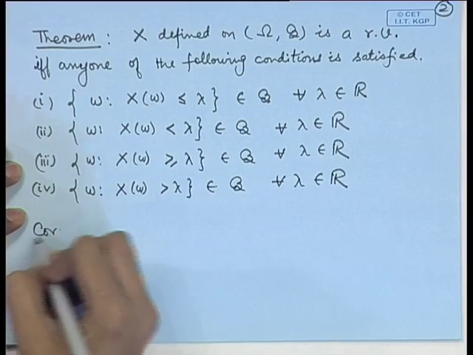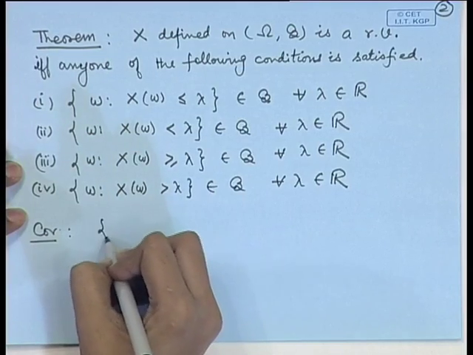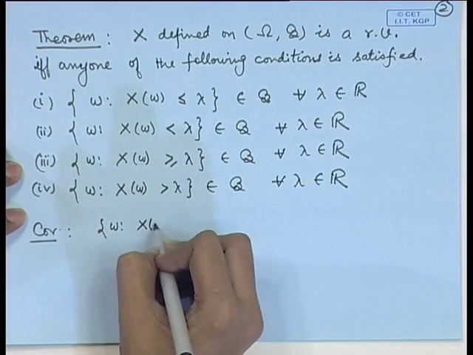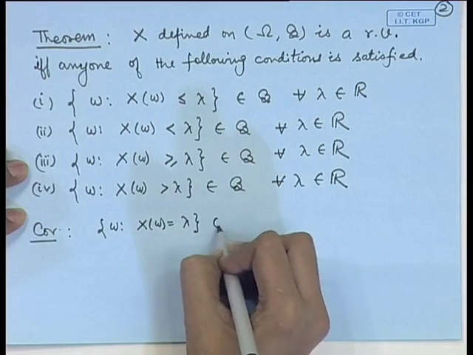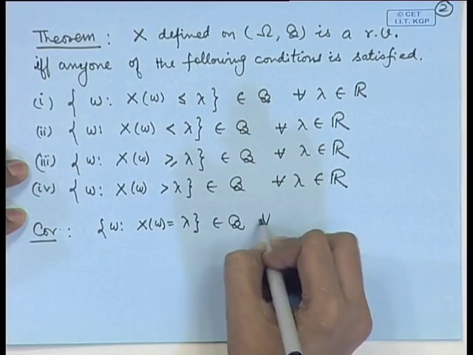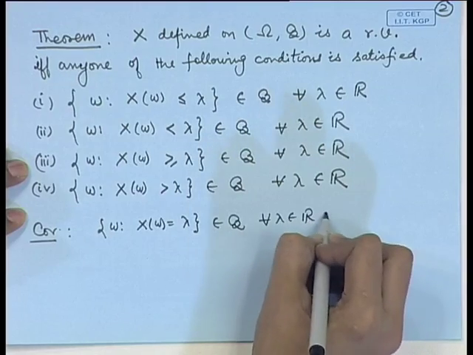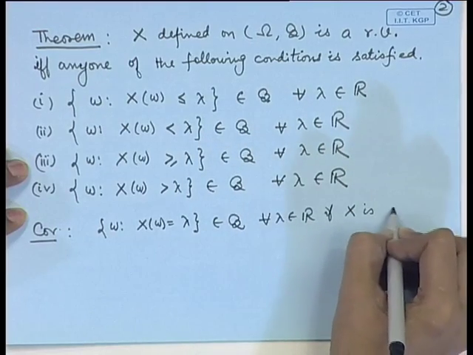As a corollary to this, the set of all those omegas such that X(omega) is equal to lambda belongs to B, for all lambda belonging to R, if X is a random variable.